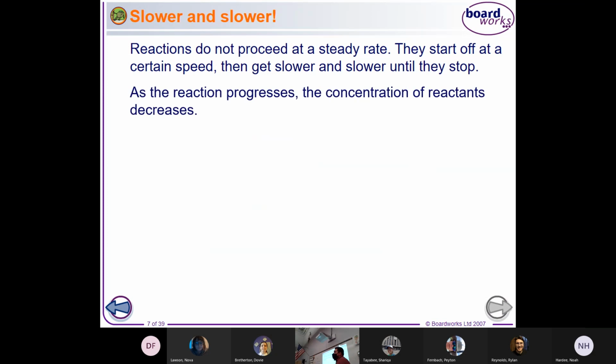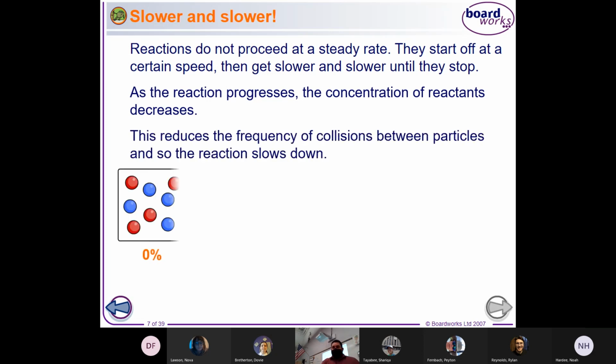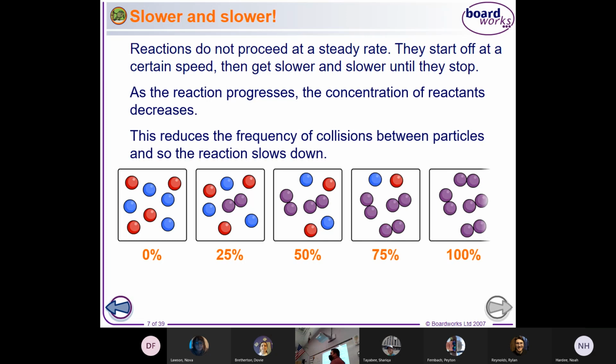All right, we're going to look at a graph here as well. Reactions do not proceed in a straight line. They will oftentimes start faster and then end slower. They take a certain amount of energy, and as they use that energy, they start to relax or slow down. As the reaction occurs, you're going to have less energy, you're going to have less reaction.